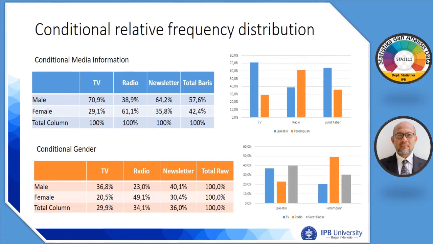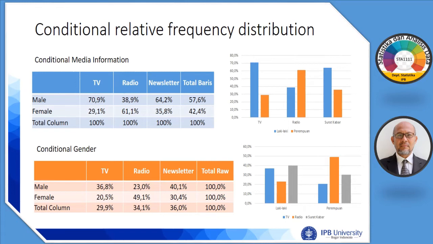While for female respondents, from 100% of female, 20.5% get information from television, 49.1% from radio, and 30.4% from newspaper. So it is clear, I think.